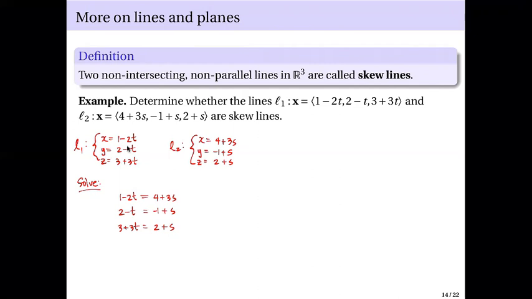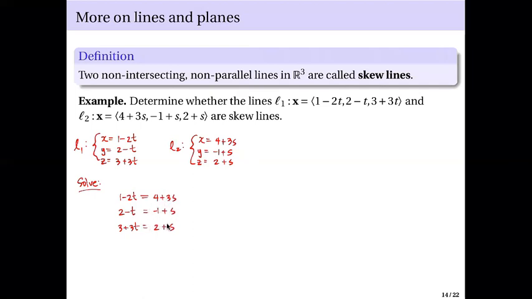Or if the x's are equal and the z's are equal, we don't want our y to be equal. Or if x's are equal, y's are equal, we don't want our z's to be equal. Okay? Because in those cases, we will get non-intersecting lines. So, we want this to have no solution, in short.